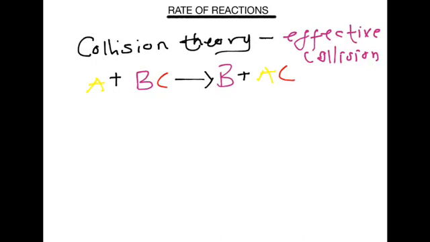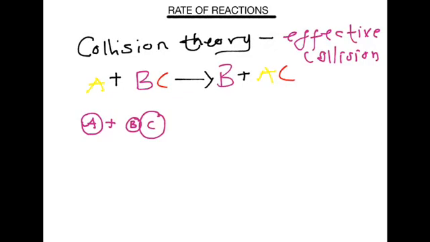Now let's put the A in this circle. Let's call this A, and then we have B, and then we have C. What does the orientation do?